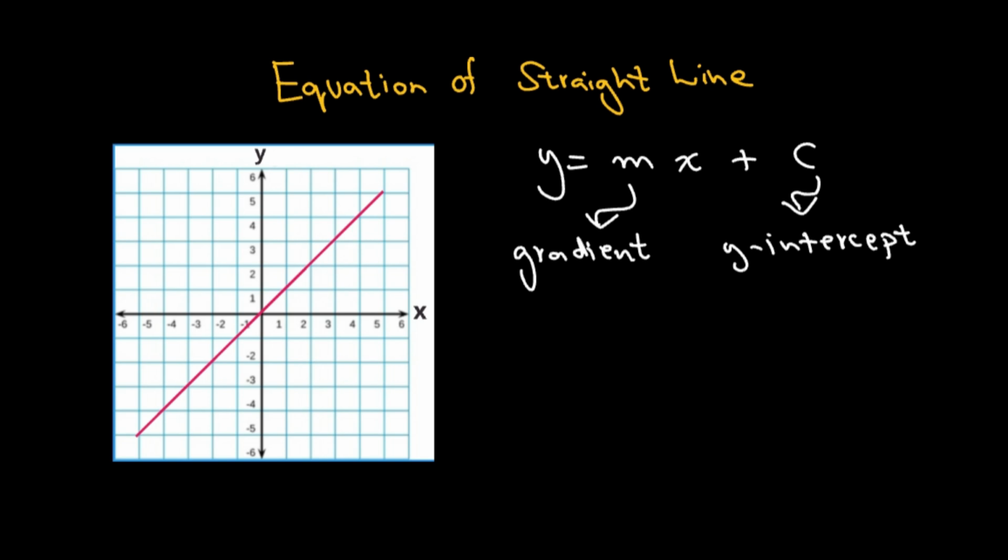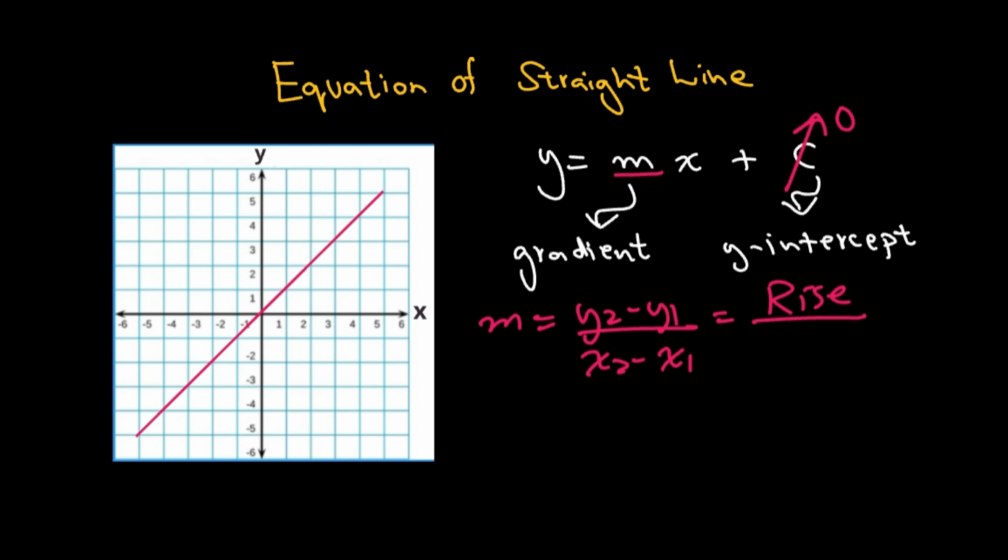So, to find the equation of this line, we need to have its gradient and y-intercept. And we can see that this line has a y-intercept of 0. Now we need to find the gradient. Gradient is change in y over change in x, or you can say this is equal to rise over run.